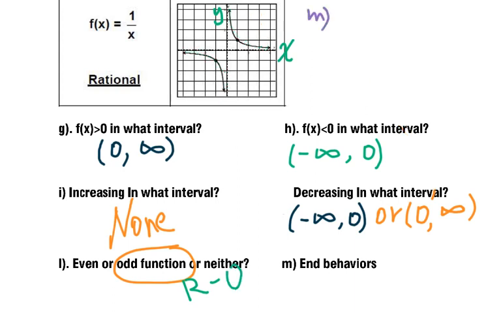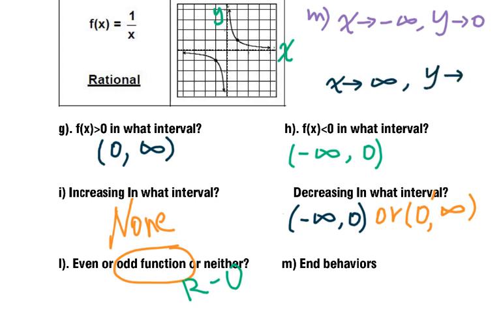It's an odd function because it reflects across the origin. For the end behavior, when x goes to negative infinity, you can look at the graph: the y goes to 0. When x goes to positive infinity, you could see the y goes to 0 here. It keeps going forever, but very close to 0.